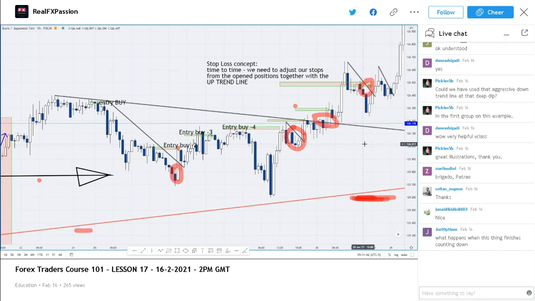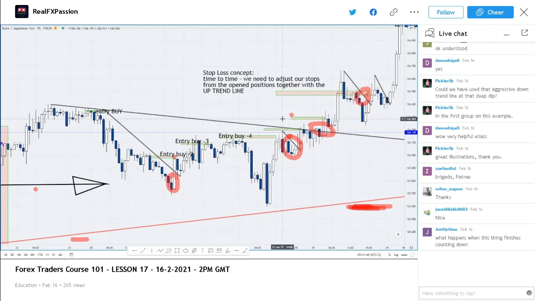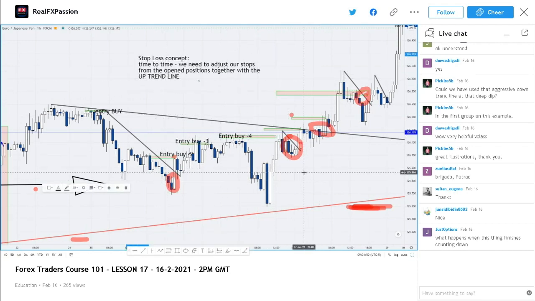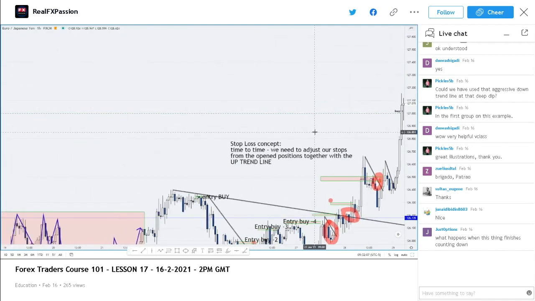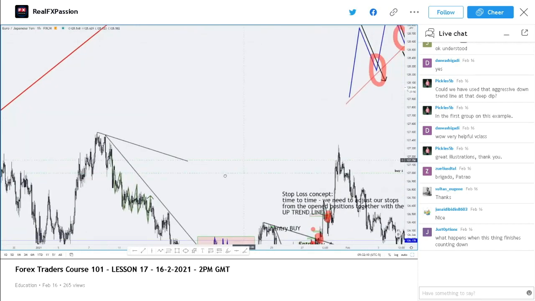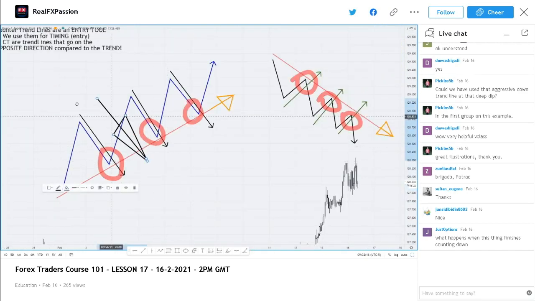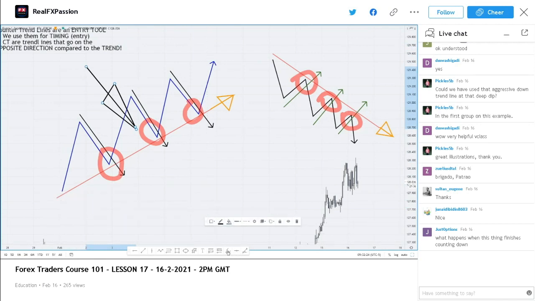Tell me, everybody, are we or aren't we in profit with all the entries? I can show you this on every currency pair and every time frame. Look at the chart, Euro JPY 1 hour chart. Are we or are we not in profit with all the positions if we just follow the rules of the stop loss?